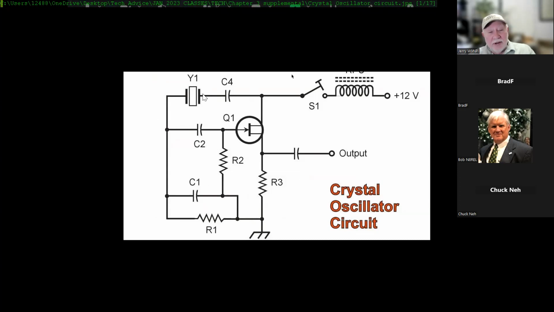And the property of a crystal is that, or sometimes you'll see it advertised as piezoelectric because of the piezoelectric effect. When you shock the crystal, it will vibrate at a certain frequency. You've probably seen the beepers and sirens and things of that sort. They're vibrating at a very low frequency that we can hear. But these can vibrate at radio frequencies as well.